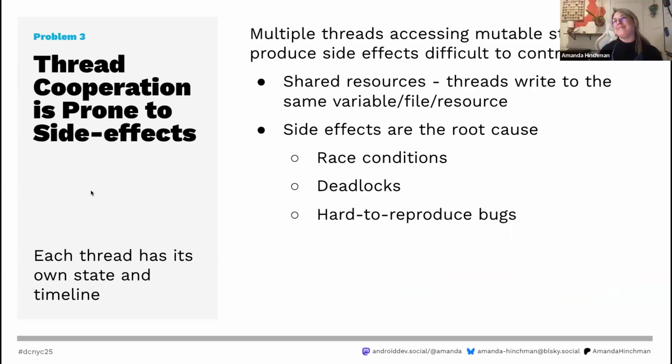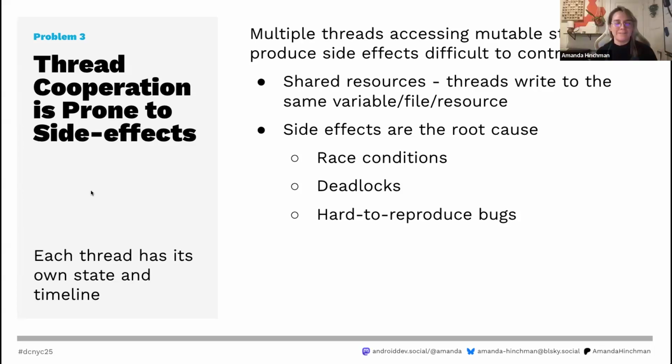Okay, problem number 3, thread cooperation is prone to side effects. Multiple threads accessing a shared mutable state can produce side effects that are difficult to control. We previously talked about how, especially in Android runtime, we have these thread local allocations, regions where we can't access anything within each other, but if we had some kind of shared resource that both were accessing, you're gonna get side effects.